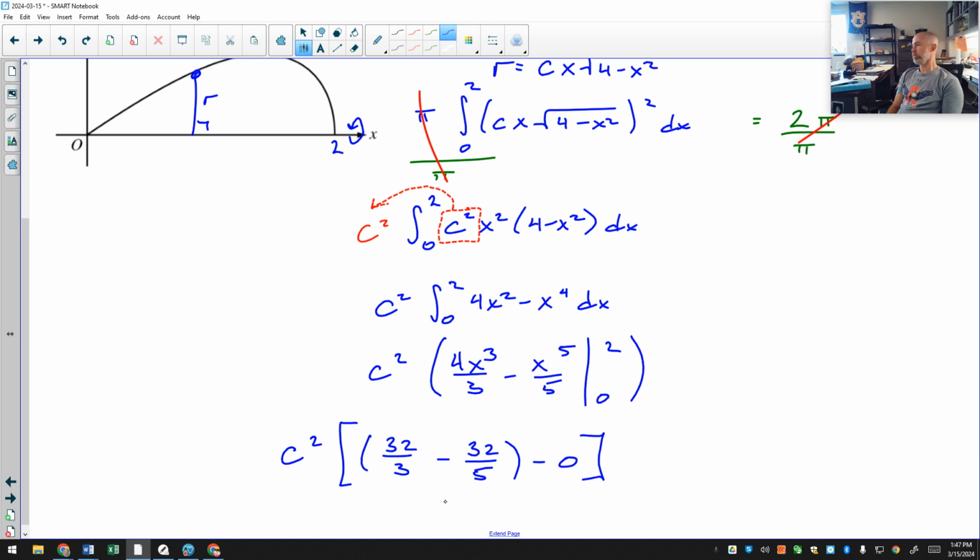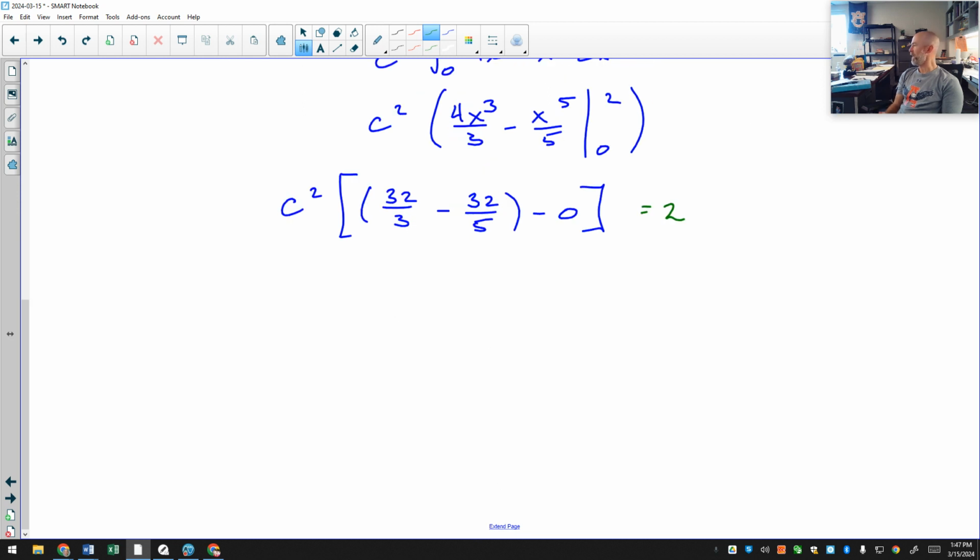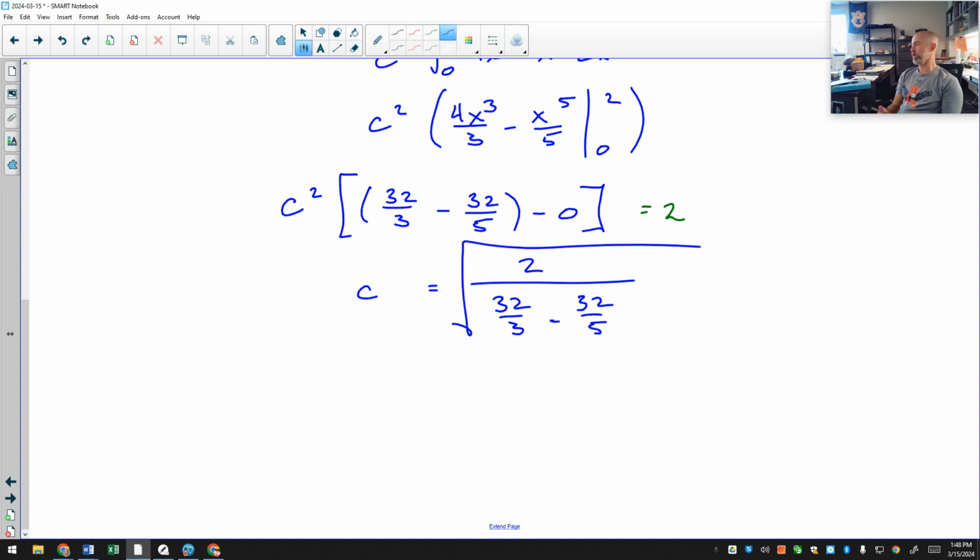Good. Now we canceled the pi, so remember the pi's gone now. All of that is supposed to equal 2, and we have to solve that for c. How hard is that going to be? Not at all. If you get past the ugliness of it, I'm going to divide by that fraction, 32 thirds minus 32 fifths, and then we'll square root both sides, and we're done.